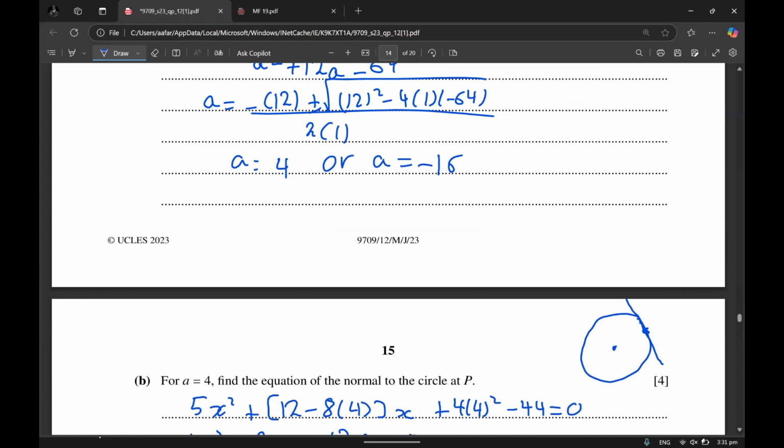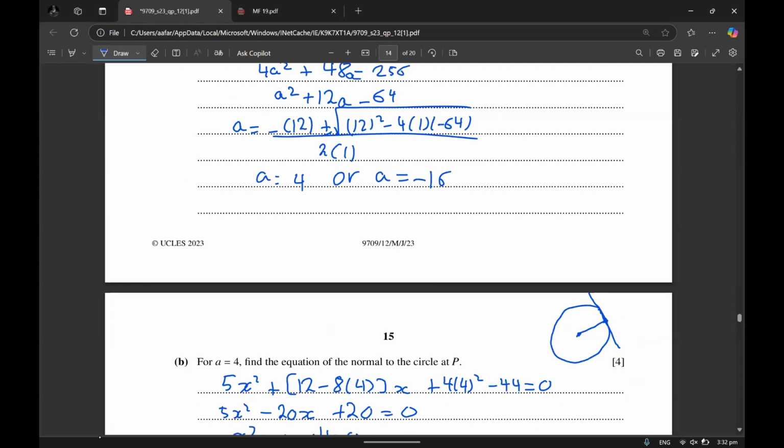So the normal will be this. This is the normal. From the center of the circle to the circumference, that line and the tangent at that point P will always make an angle of 90 degrees. So that will be the normal.